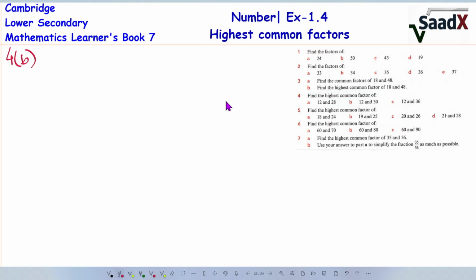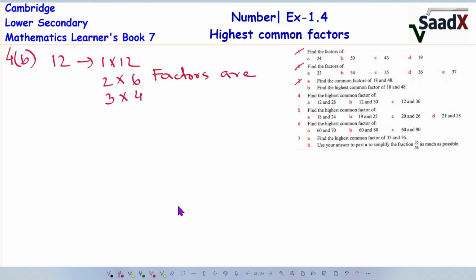4b, here we will find out the common factor of 12 and 30. So first we have to find the factors of 12. So 1 times 12, 2 times 6, 3 times 4, right? So factors are 1, 2, 3, 4, 6, 12.